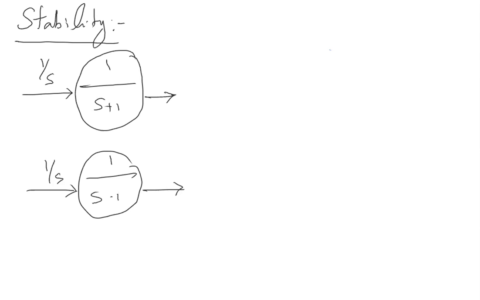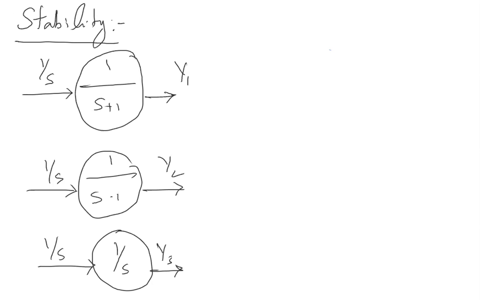Let's say this is y1, this is y2, 1 by s, so on, 1 by s, y3, 1 by s minus i.